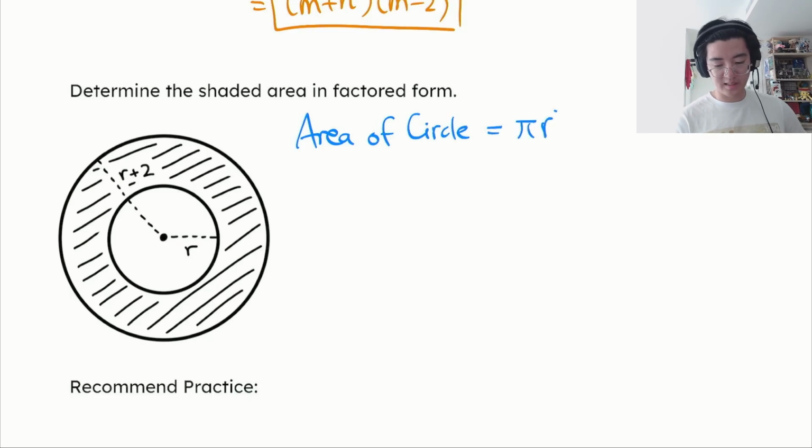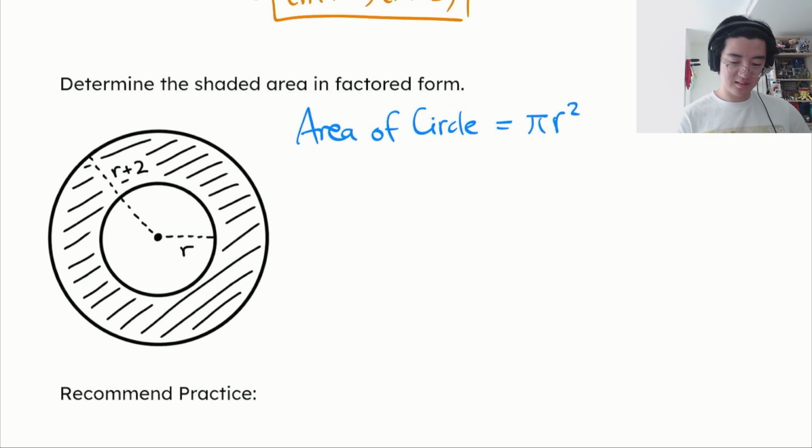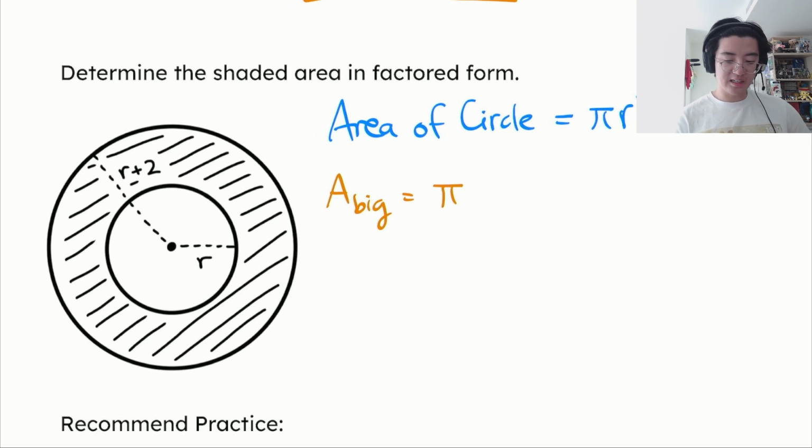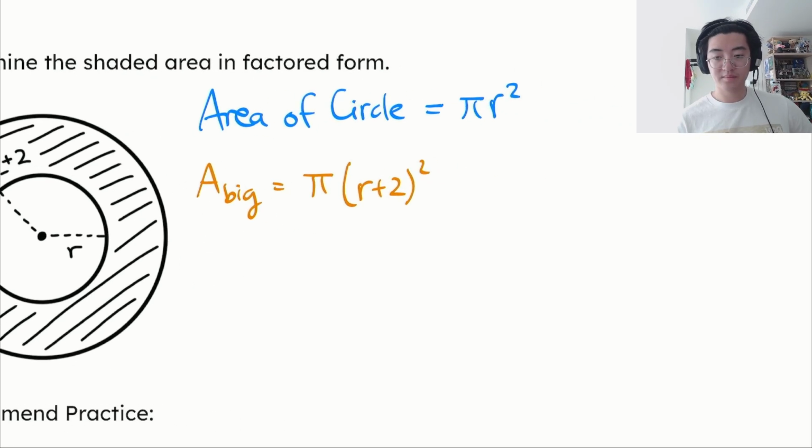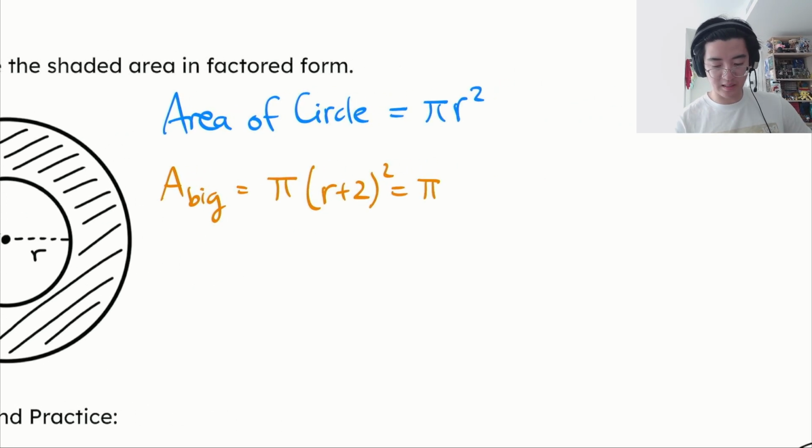Area of a circle is just pi r squared, r being the radius. So let's find the big guy first. The radius here is r plus 2. So pi times r plus 2. Of course, we expand it like we learned in the last lesson.